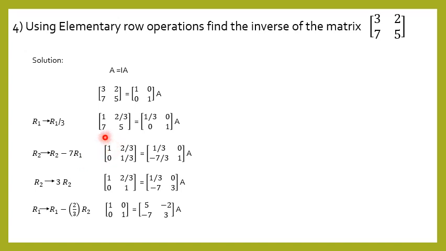You need to do the calculations carefully. If there is any mistake in any step, the entire answer will be wrong. So first you need to be careful when you choose these equations. Second, you need to do the calculations carefully. Then you will get the inverse of a matrix using elementary row operations easily.